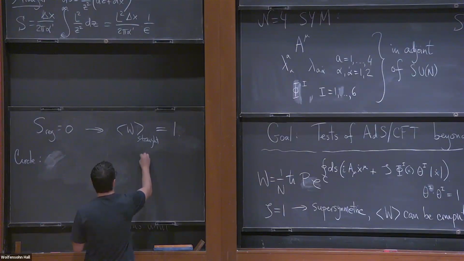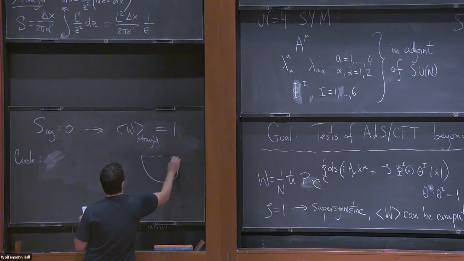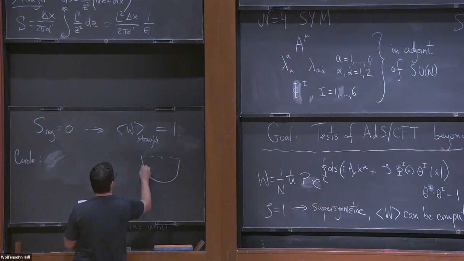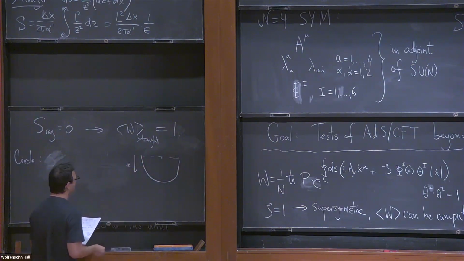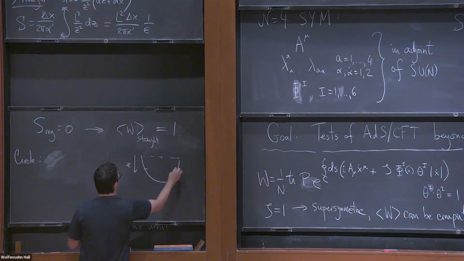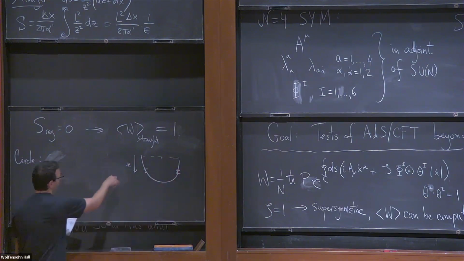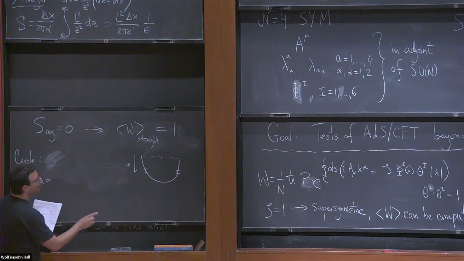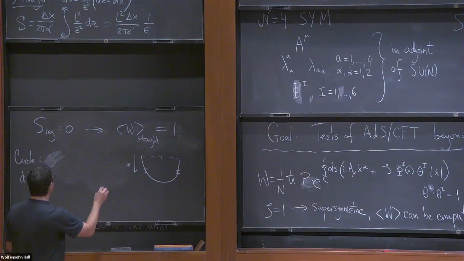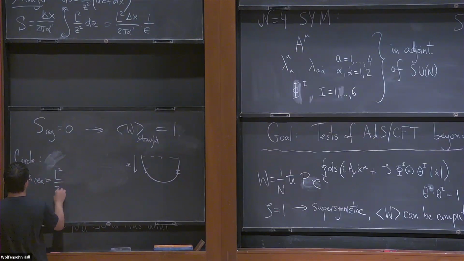If we have something like this, let's parameterize it with a Z coordinate and figure out, for a small portion of length dz in the Z direction, what is the area of that? So d area is, first of all, there's the L squared over Z squared factor in front of the metric.